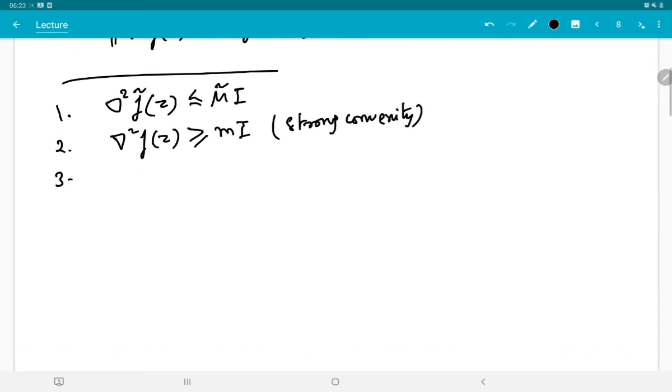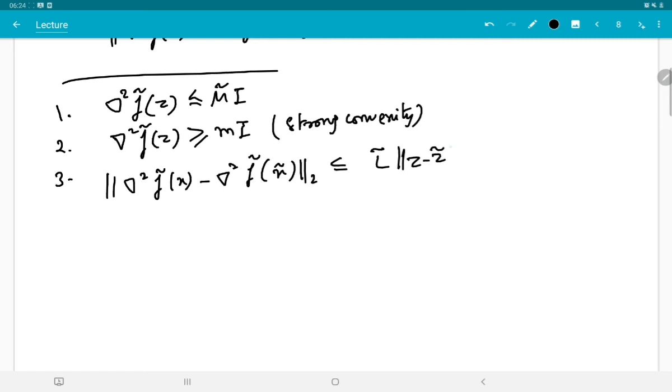And for f tilde, the Lipschitz condition: the norm of del square f tilde of z minus del square f tilde of z tilde should be less than or equal to some value L tilde times the norm of z minus z tilde.